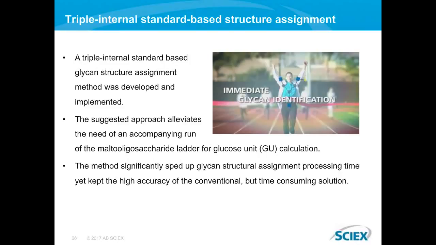So this new triple internal standard-based structural assignment methodology was developed to really fulfill this function. And the suggested approach alleviates the need of any accompanying malto-oligosaccharide run, the ladder run, for the glucose unit calculation, which significantly speeds up the structural assignment and processing time.